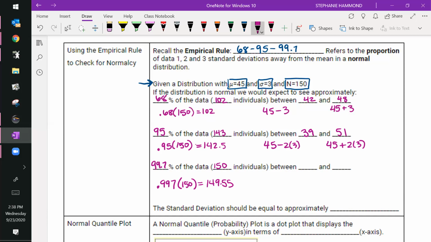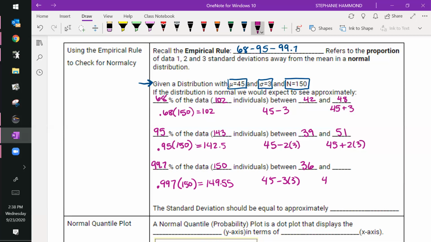So we want that 99.7%, or those 150 individuals, to have a value that is within 3 standard deviations of the mean. So again, here's the mean, subtract 3 standard deviations. That's subtract 9. That gives me 36.